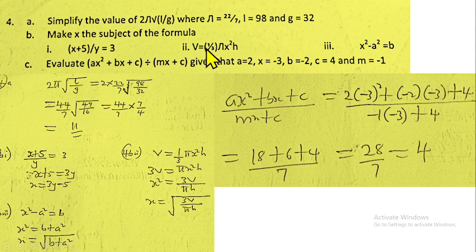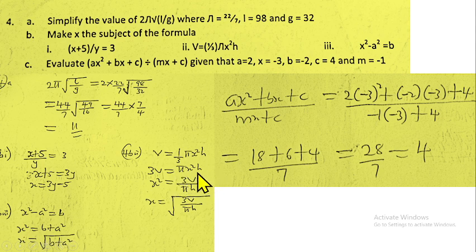But in the next one, we have V is equals to 1 over 3 pi S square H. What can we do? We have to make S the subject of the formula. You can multiply both sides by 3 to clear this fraction. So you have 3V equals to pi S square H. So what can we do?